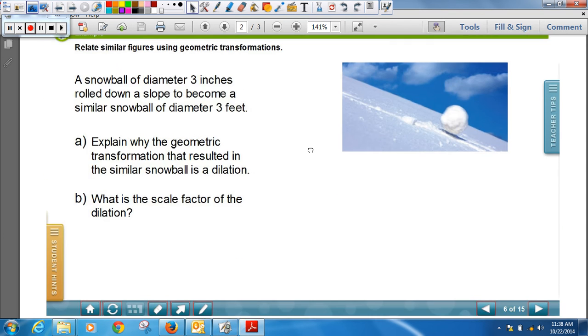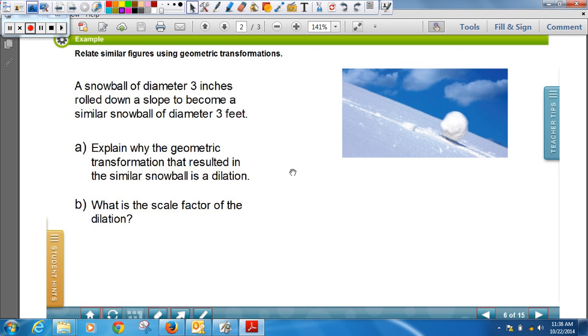Our next one then is talking about a snowball. It says a snowball of diameter of 3 inches rolled down a slope to become a similar snowball of diameter of 3 feet. Explain why the geometric transformation that resulted in a similar snowball is a dilation. It's a dilation because it had the same shape but different size.